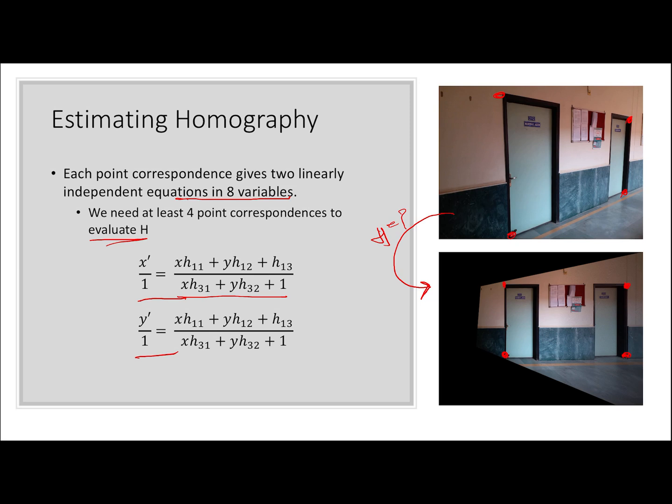Why do we need 4 pairs? Because from one point I get 2 linearly independent equations, so from 4 pairs I get 8 linearly independent equations and 8 unknowns. So it can be easily solved.